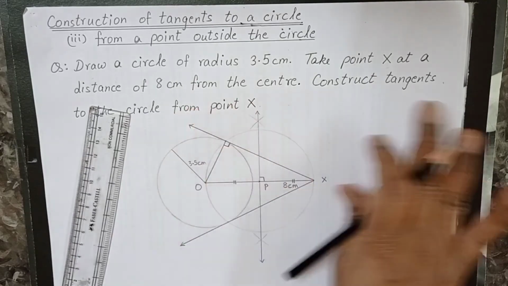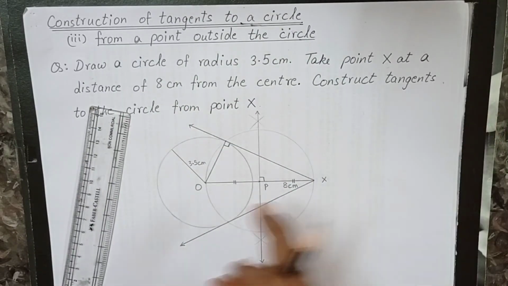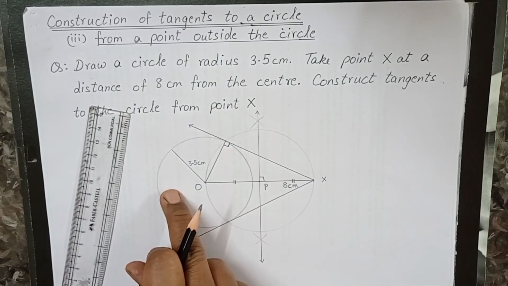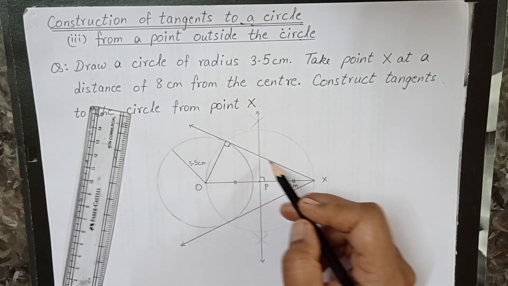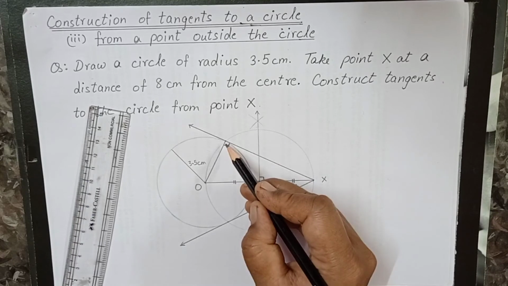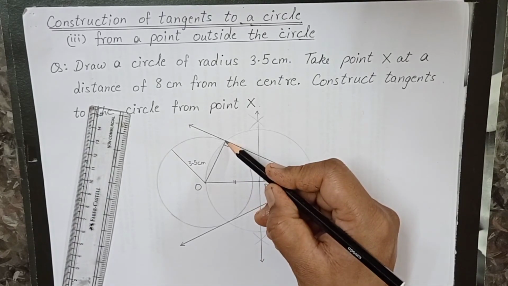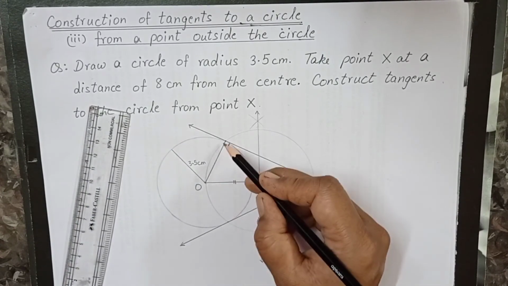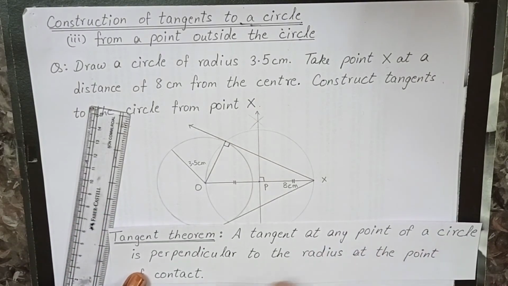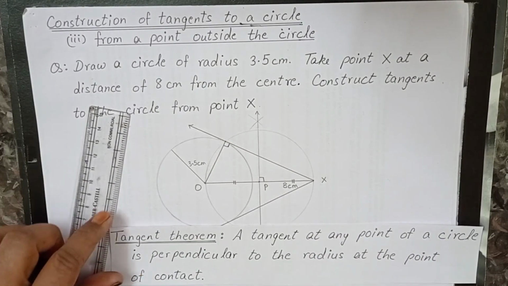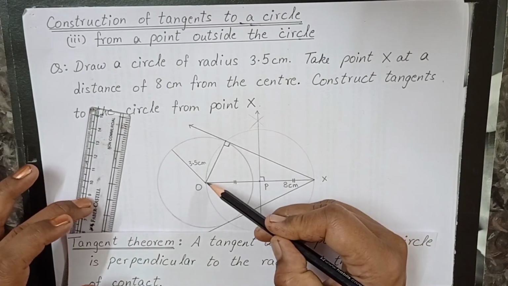Now, keeping that aside, let us see this circle. In this circle, the radius is perpendicular to this line, which is touching the circle at one and only one point. That means this is the radius and this is the tangent. Why? By the tangent theorem, a tangent is perpendicular to the radius at the point of contact. So this is the radius.